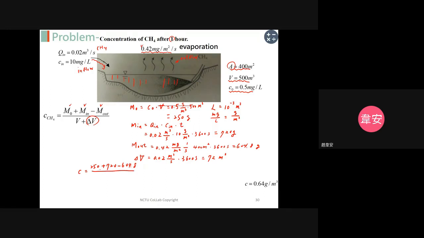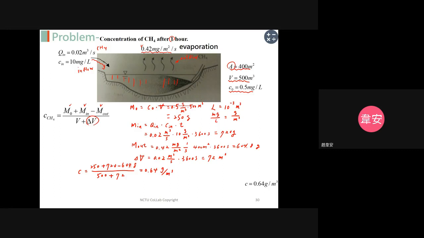The total volume is 500 plus 72, and then you can compute the concentration: 0.64 g per cubic meter.